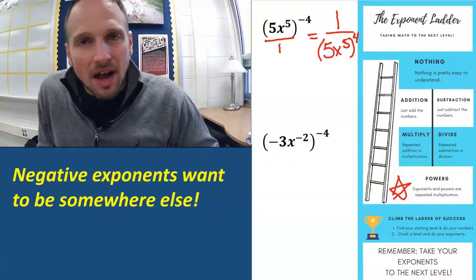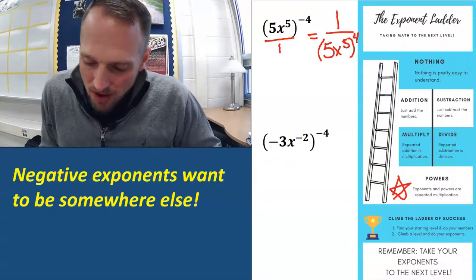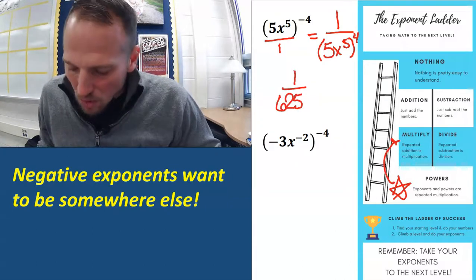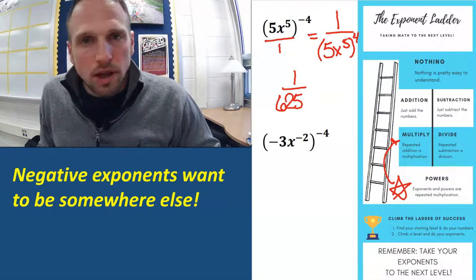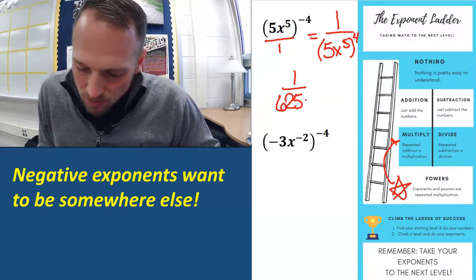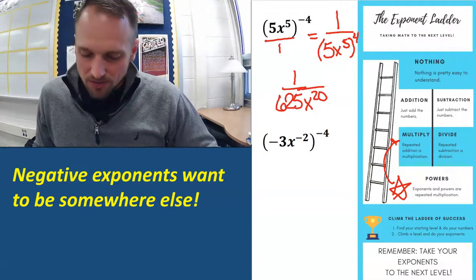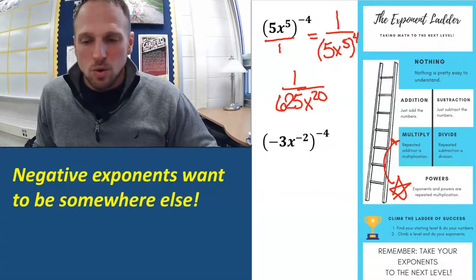We've got to take 5 to the fourth power. 5 to the fourth power is going to be 625. And then we need to go up a level and multiply our exponents. 5 times 4, this is going to be x to the 20th. 1 over 625, x to the 20th.